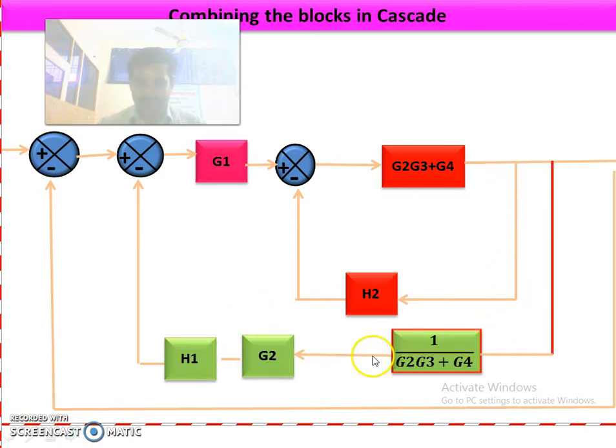Now these three are in cascade. So if you are having blocks in cascade, then you can combine these blocks into one block whose gain is nothing but the product of individual blocks.